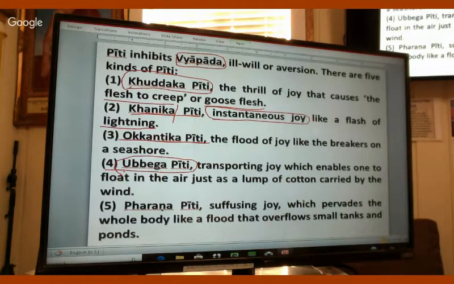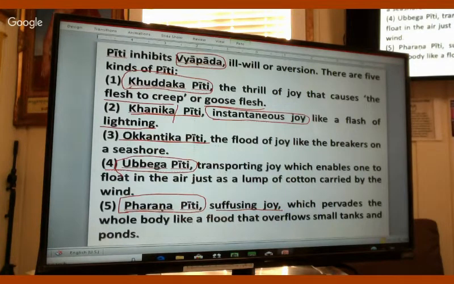And then the last one, the fifth one, is Pharana piti. Pharana piti is pervading joy, or soaking. If you put cotton in a small amount of water, the cotton soaks up all the water, isn't it? Like this, your whole body is spread by the piti. At that time some meditators report to the teacher, oh, my body is like ice, like a block of ice.